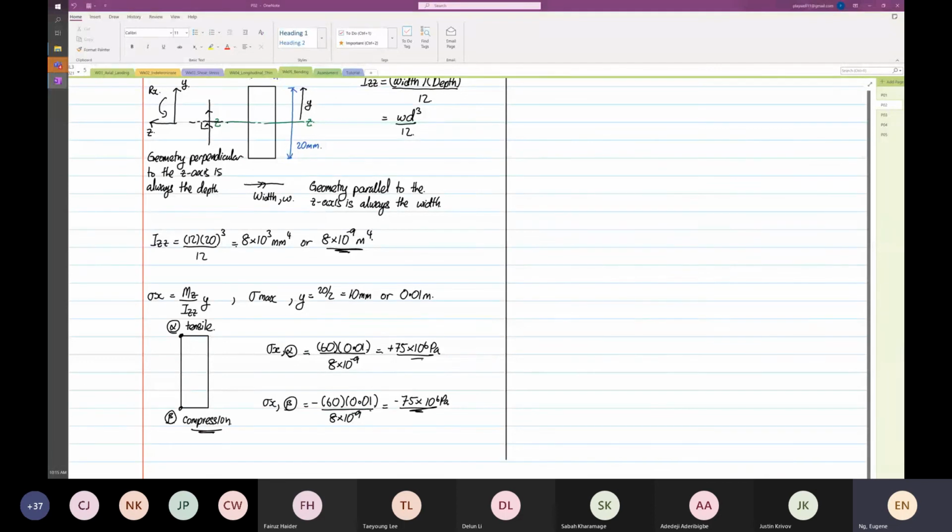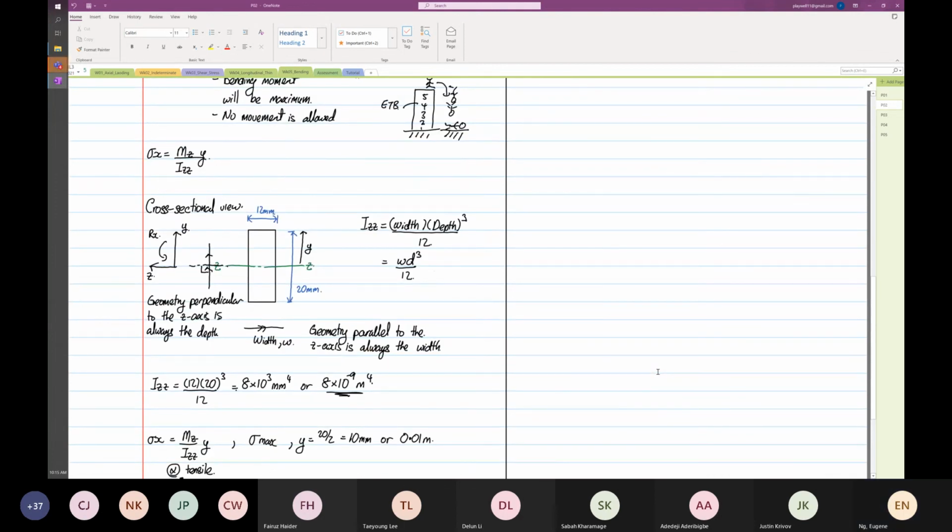Now we do B. I'm going to do it side by side so you can see the difference. A student asks, will the values always be the same?